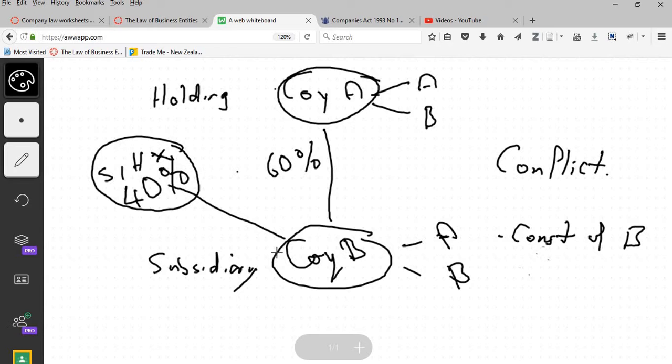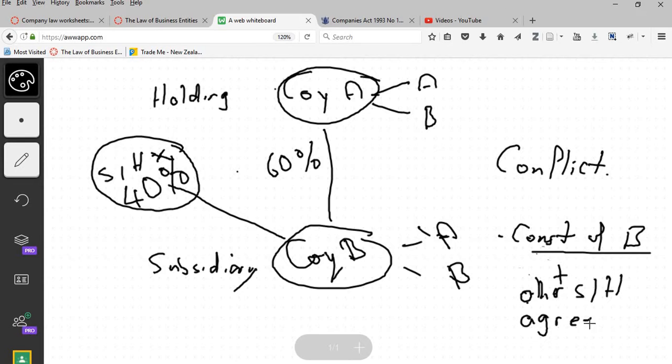Now, all this means is we have a subsidiary where the parent company's directors are also the directors of the subsidiary company, and we have another shareholder. So this conflict of interest is okay if it's in the constitution of B and the other shareholder agrees, right? So it requires the other shareholder to agree.